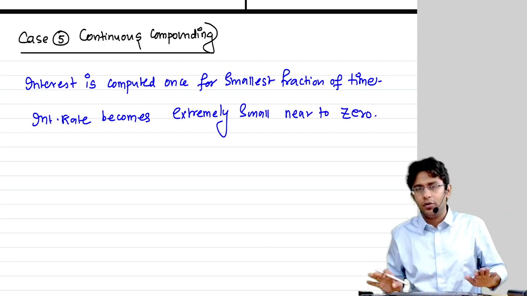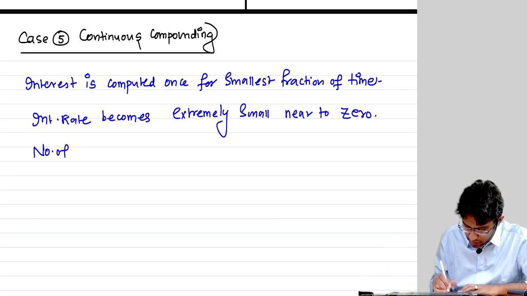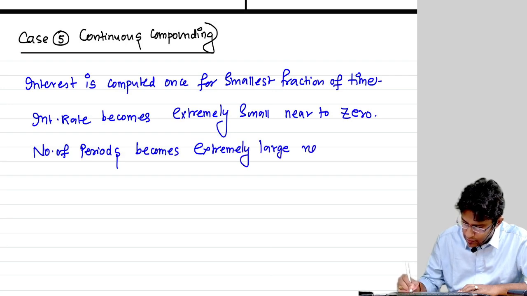It won't become 0, near to 0. Number of periods becomes extremely large, near to infinity.